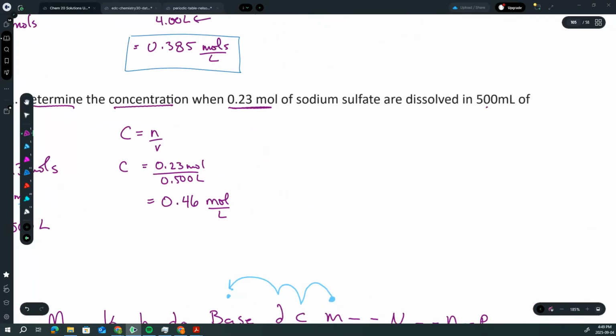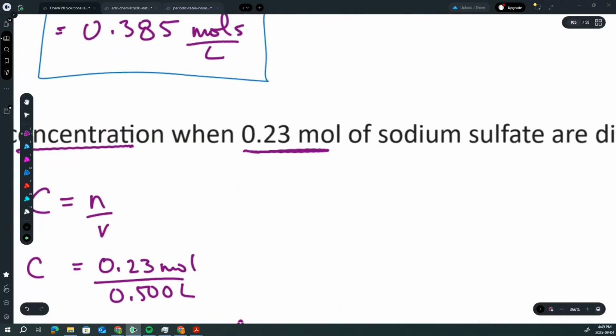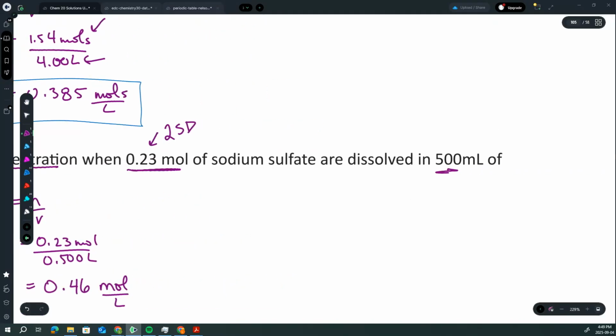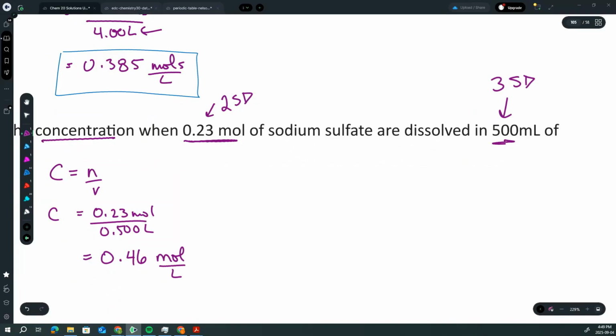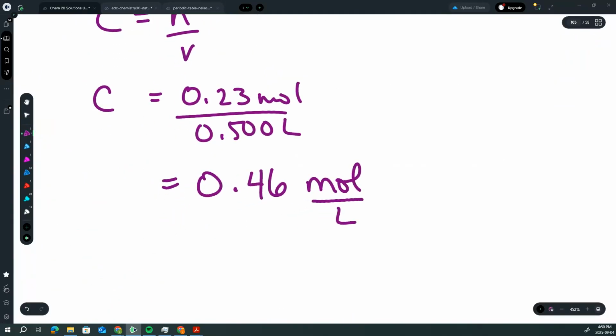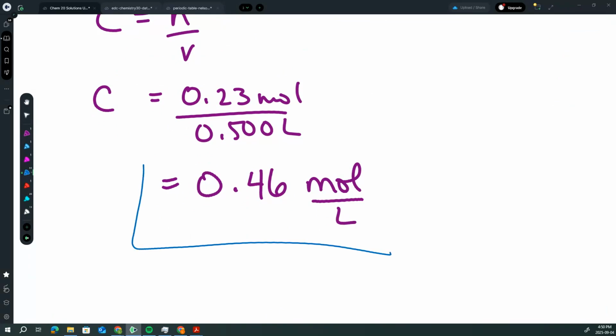Now, looking at the numbers that were given, 0.23 has 2 significant digits, and our other number that we were given has 3 significant digits. So you always go with the number with the least amount of significant digits. In this case, it's going to be 2, which I've already written my answer in 2 significant digits. Remember, leading zeros do not count as significant. So then this is done.